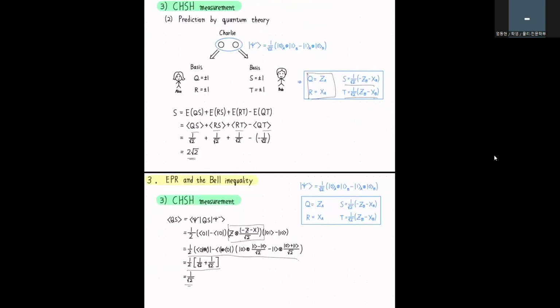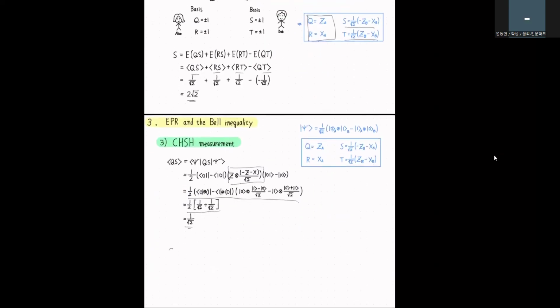So which is correct? Well, it turns out that S, when measured, is actually found to be 2 times the square root of 2, of course greater than 2, in violation of the CHSH inequality, which means that quantum theory is correct.